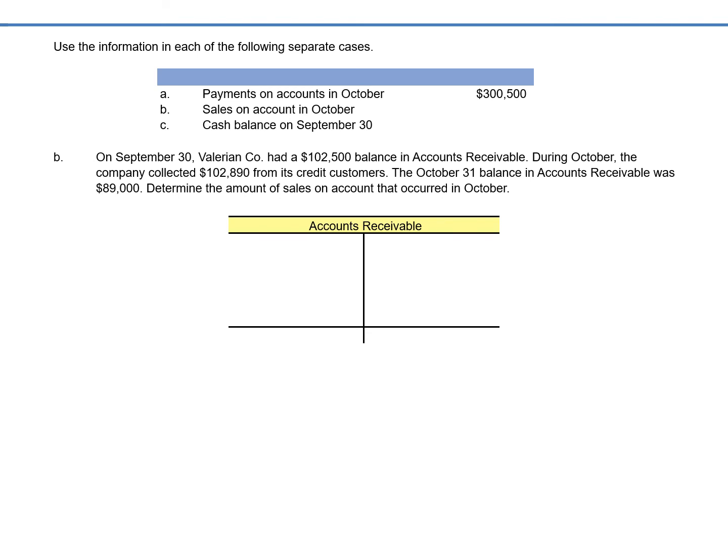So that's an asset account. In asset accounts, you debit to increase and you credit to decrease. So when they give us the beginning balance in the accounts receivable account, that belongs on our left side of our T account, 102,500. Now the collections that they receive from their credit customers.